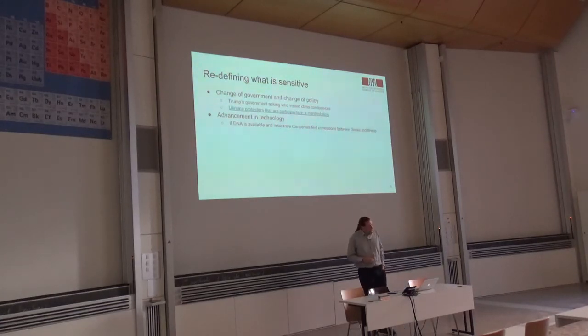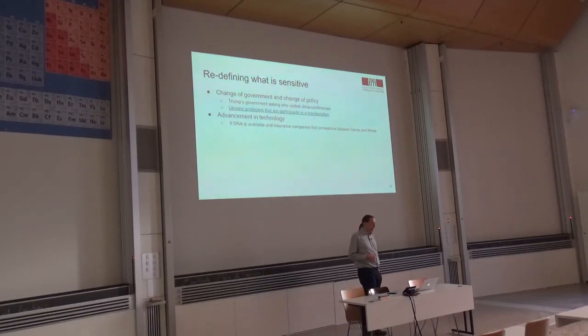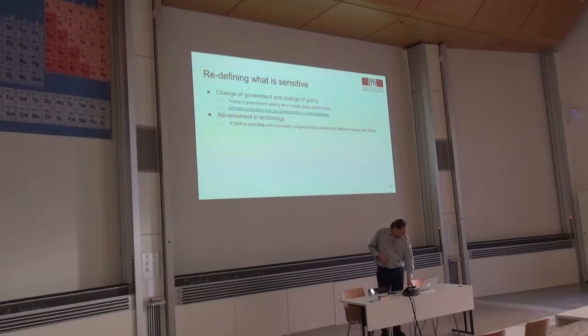I won't get deeply into that, but it's a very important issue to be aware of, the dangers of naive de-anonymization. Okay, so that's a perspective on some of the ways that supposedly non-sensitive information can become more sensitive.